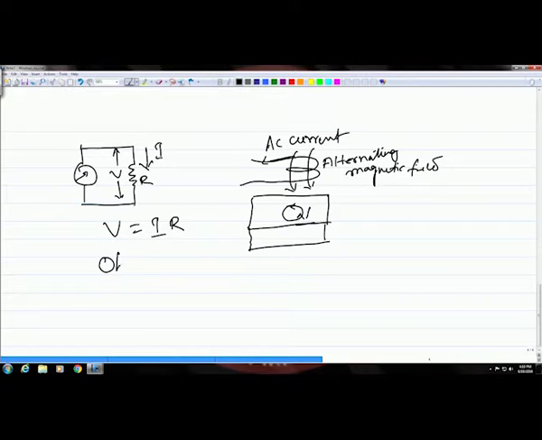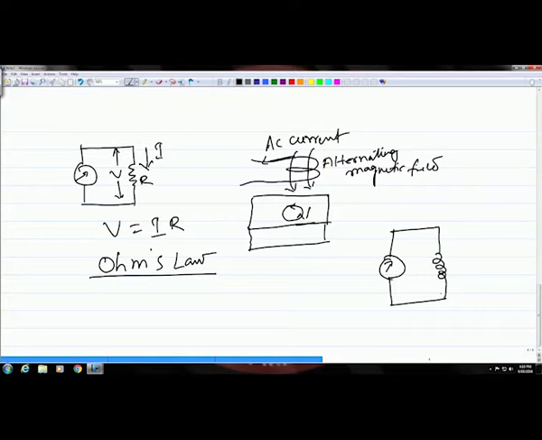Okay. So, this is well known, the basic law of flow of electric current. So, the total opposition or the total resistance offered to the flow of current in this case is the resistance R. Okay. But you could also have a similar scenario, but in this case the resistive element is replaced by an inductive element.